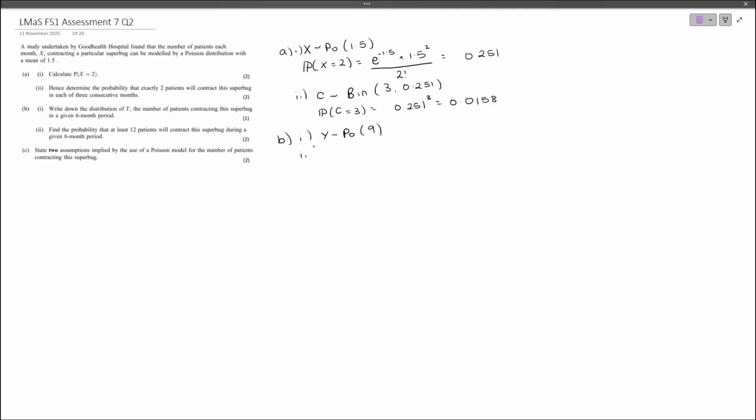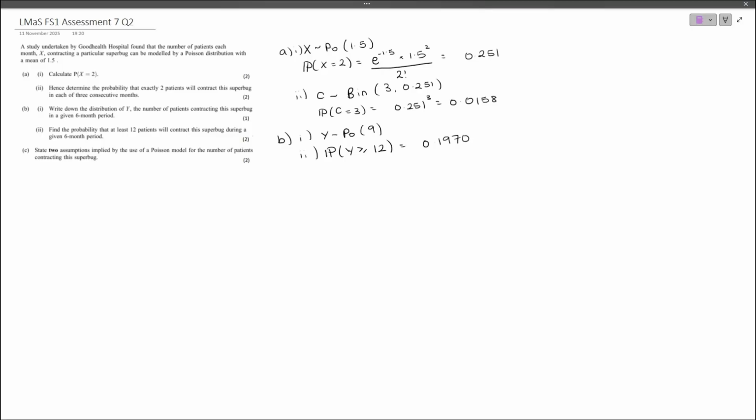Part 2. I'm asked to find the probability that at least 12 patients will contract the bug during a given 6-month period. So I'm told to find the probability that Y is greater than or equal to 12. Our calculators can calculate this probability directly, and if you ask it to do so, it's going to tell you that it's 0.1970.